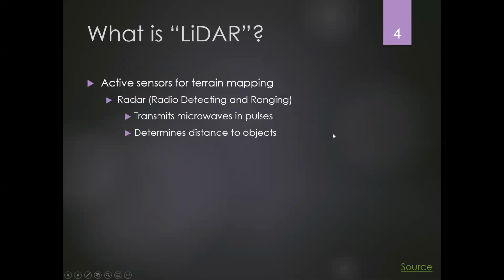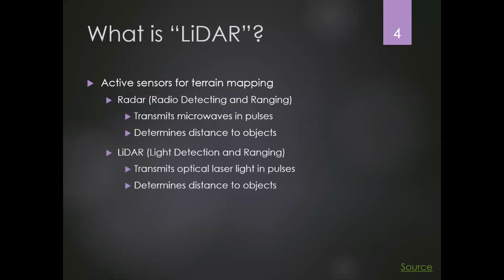Microwave is a type of electromagnetic energy with a relatively long wavelength, at least longer than visible light and infrared light. I'll show you the spectrum later. And radar determines distance to objects.